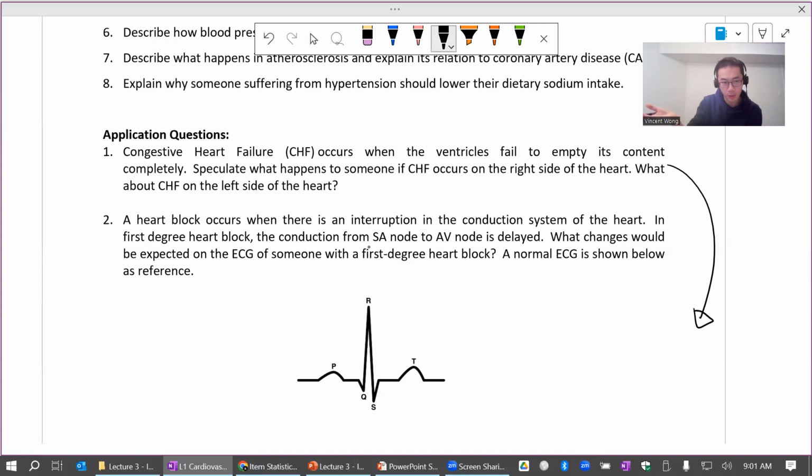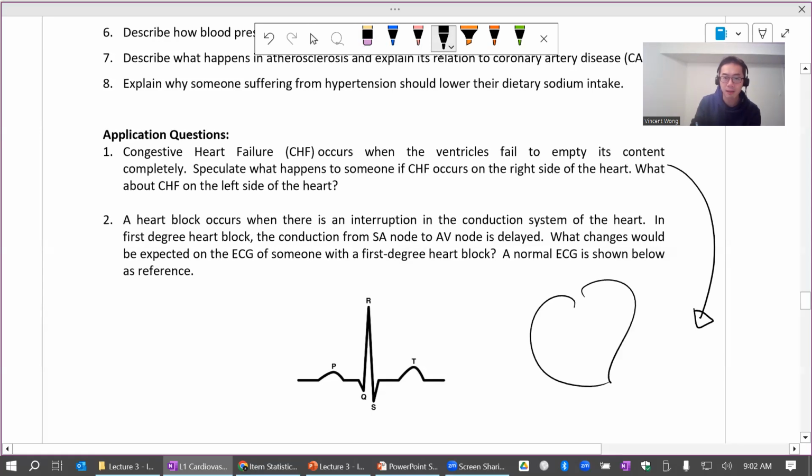So again, there was a question about congestive heart failure on the quiz, and you don't really have to know what it is. That's the whole point, right? It's application. You're supposed to extract the information on the spot, right? So the question tells you it happens when the ventricles fail to empty their content.